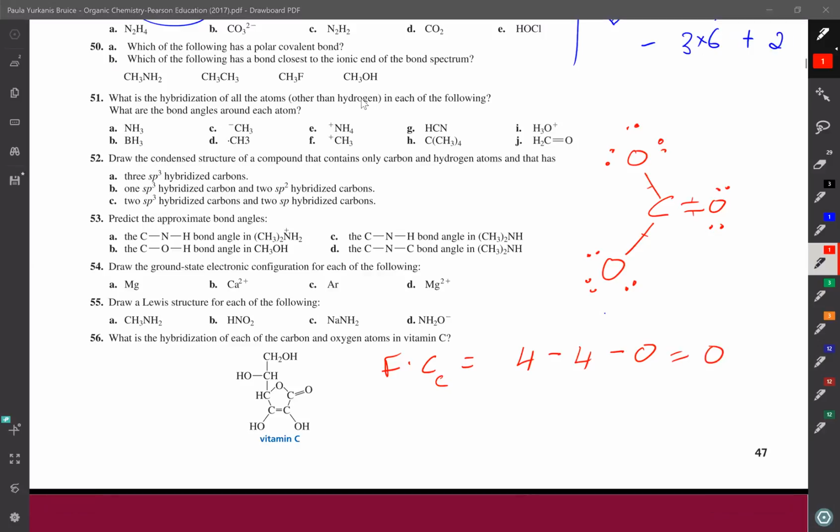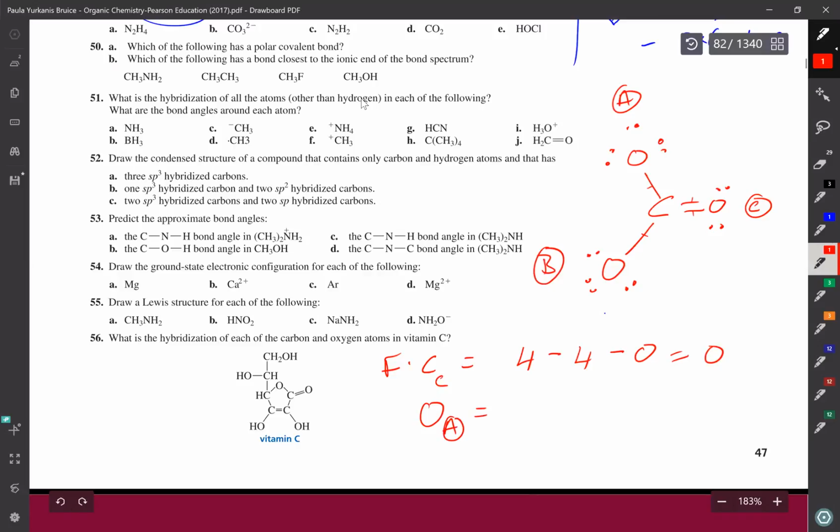Does that make sense? Let me call this oxygen A. I will call this one oxygen B, and I will call that one oxygen C. Next thing we have to do is to calculate the formal charge on oxygen A. How many valence electrons does an oxygen atom have? We know oxygen usually has 6 valence electrons because it's in group 6. Minus how many total bonds surround that oxygen?